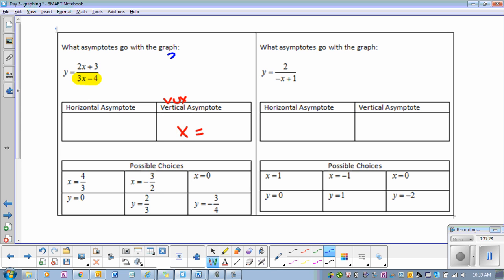So this is 3x minus 4, make it equal to 0. So x equals 4/3. On the SOL, this will be one of those problems where you have to click on this and then drag it over.